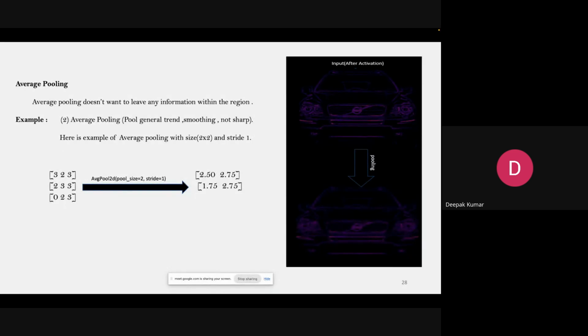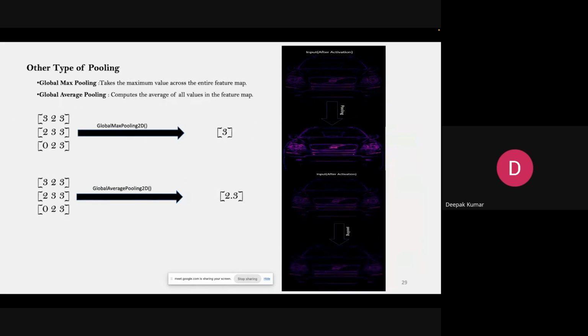If anyone has questions related to that, please ask. Pooling has three popular types: max pooling, average pooling, where the size may be varied, and the third one is global max pooling. As I mentioned earlier, in global max pooling we take a larger pooling area selection, correct, and take the max of that. As I explained earlier, if we take the full 3 by 3 image, finally it will be just one point, as the sir asked in the question.